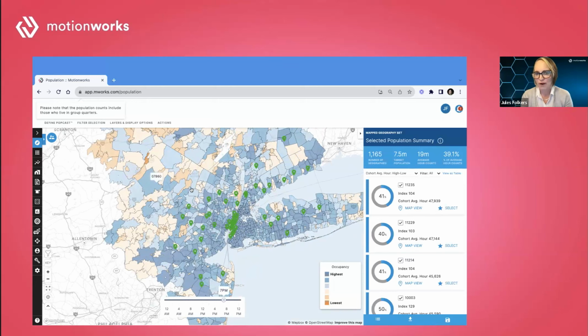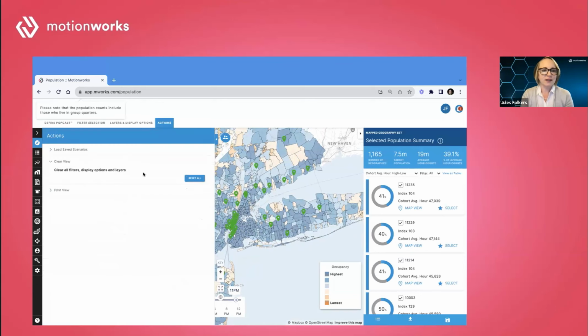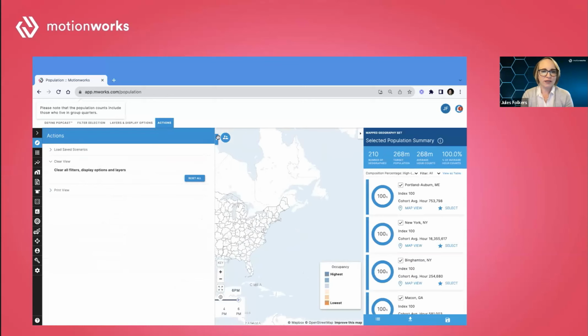Are there gaps where there's that high targeting or not? Okay, so resetting all. We can start from scratch and go into the next.